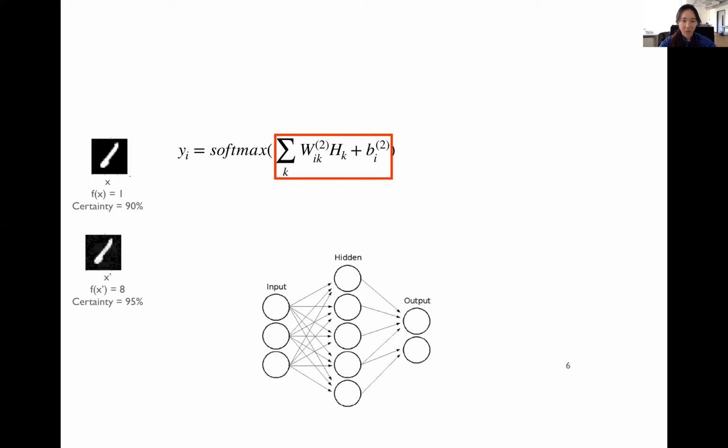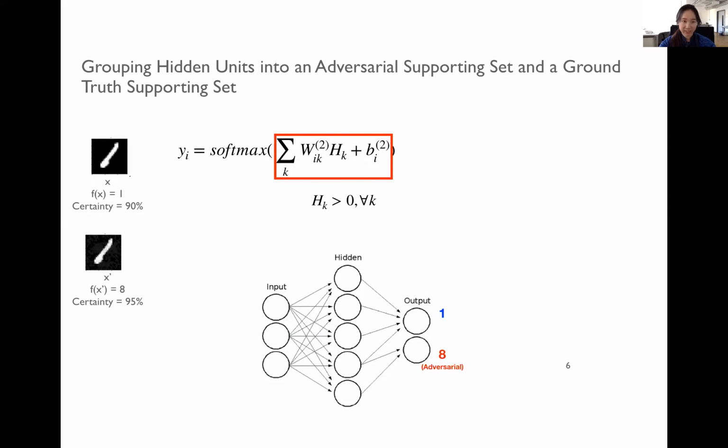And we know that all the hiddens are above 0, which would imply that, in order to study which hiddens contribute to output node 1 and the output node corresponding to the adversarial class 8, we could group the hidden units into an adversarial supporting set and a ground truth supporting set. So what do we mean by that?